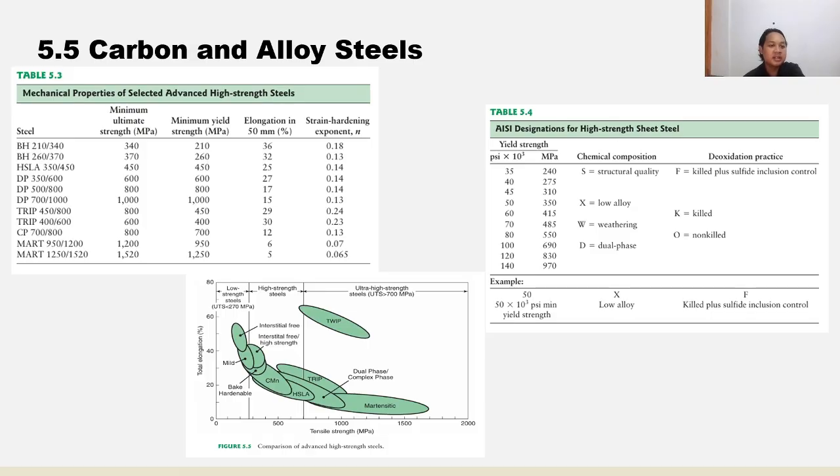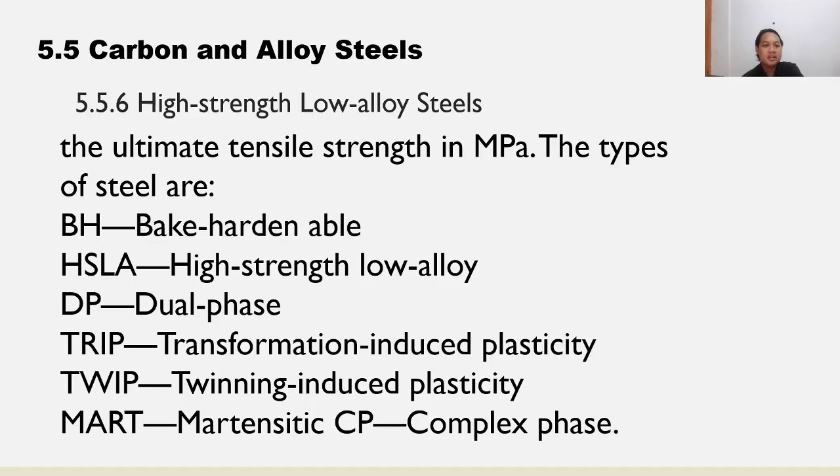As you can see in table 5.3, there are mechanical properties of selected advanced high-strength steels. And table 5.4, there are AISI designations for high-strength sheet steel. Next is the ultimate tensile strength in MPa.